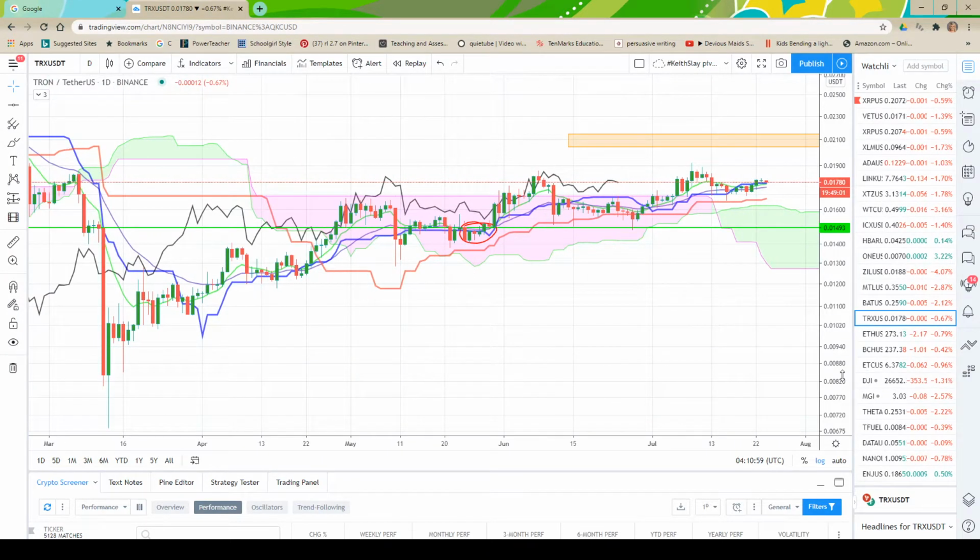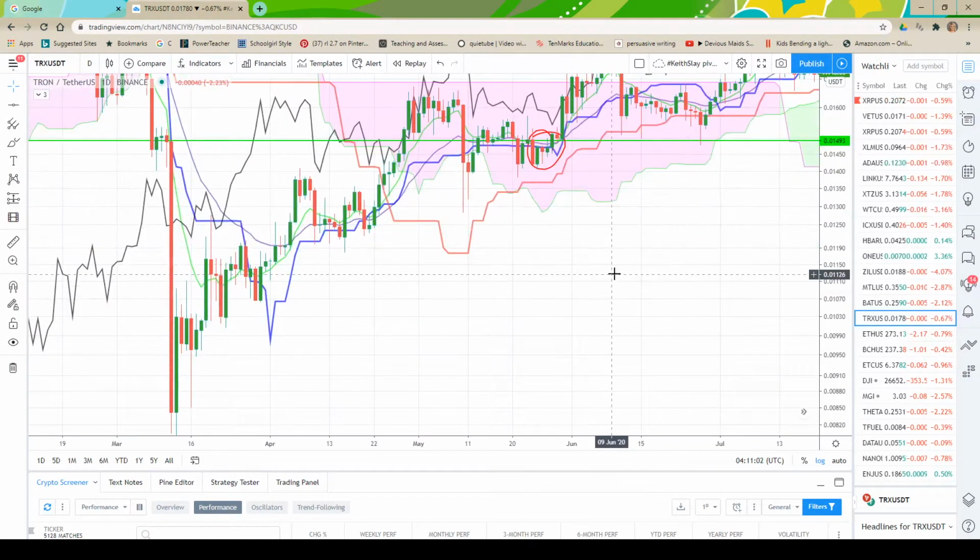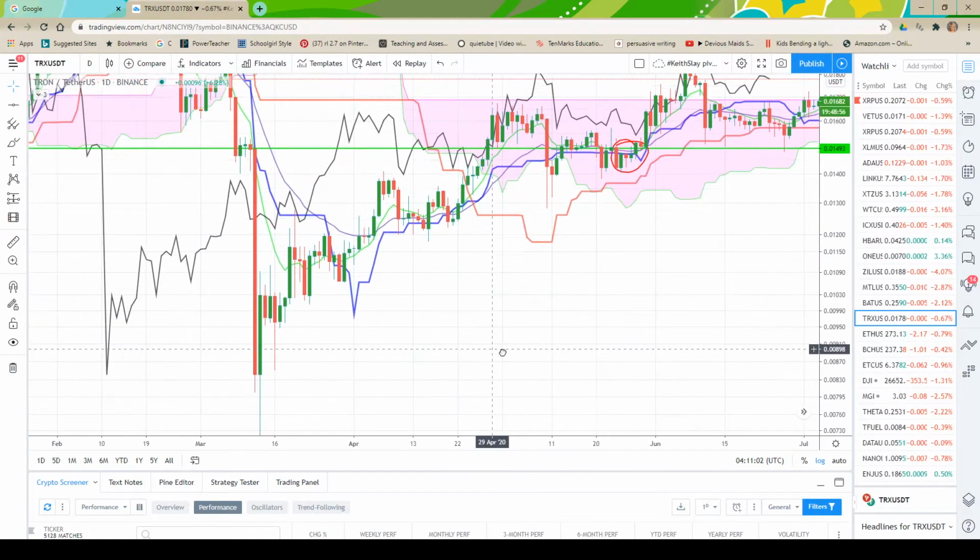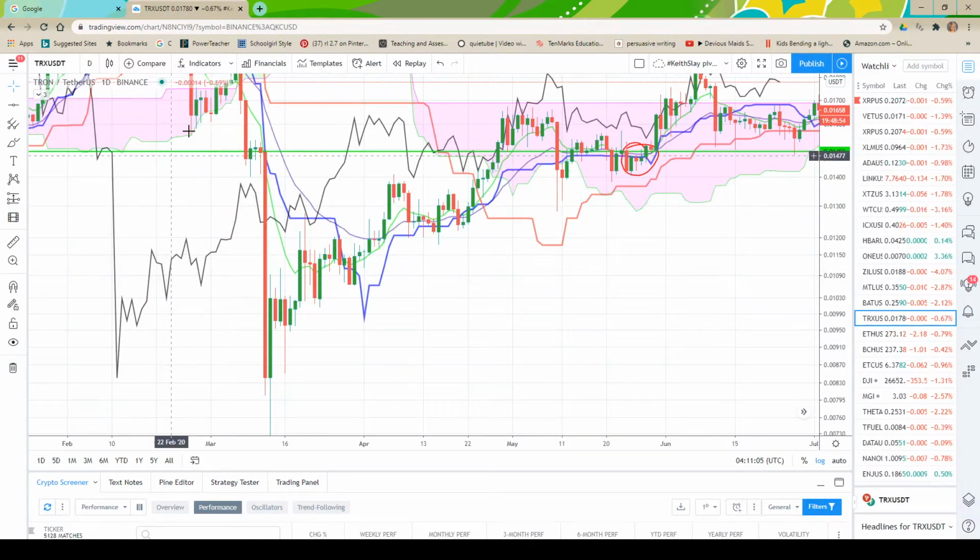So down here, let's say we shorted right here. We bought a short on Binance and we waited and it dumped. Right?